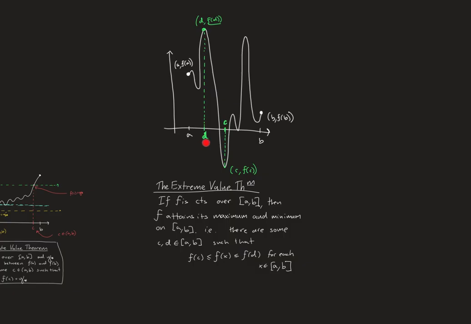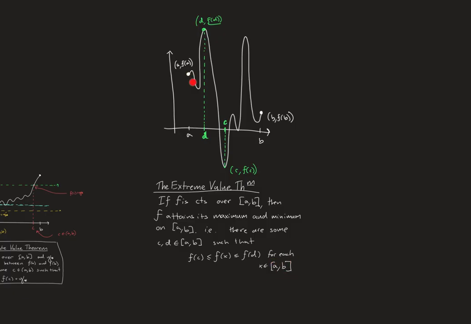This D right here is a special point such that f of D is bigger than all the other f of x values. So f of D is bigger than f of x for each x in a to b.